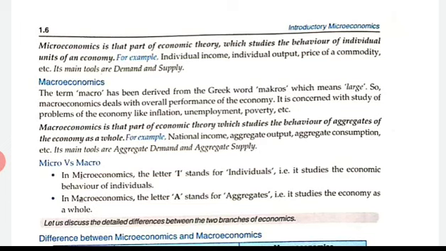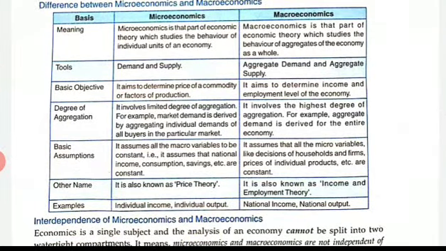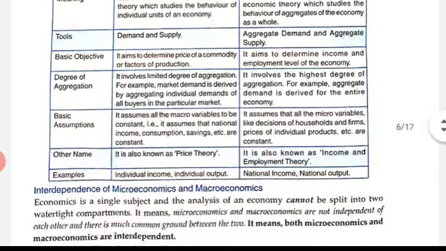You can go through the differences between microeconomics and macroeconomics: meaning, tools, basic objective, degree of aggregation, basic assumption, other name, example. Microeconomic theory is also known as price theory, and macroeconomics is also known as income and employment theory.